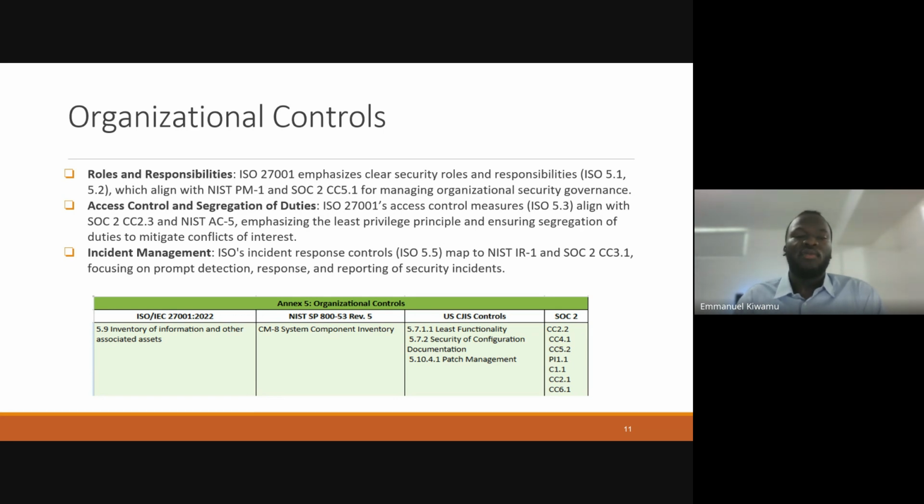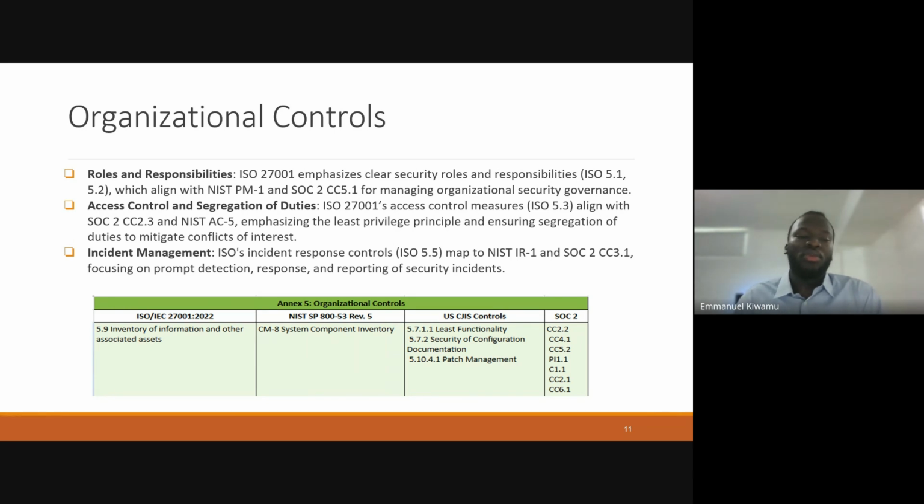For example, in roles and responsibilities in information security, we identified that all the 4 standards emphasize the need for clear security roles and responsibilities in an organization. And also in access control and segregation of duties, all the standards emphasize the need for implementing stringent access control policies in terms of least privilege principles, and also ensuring segregation of duties.